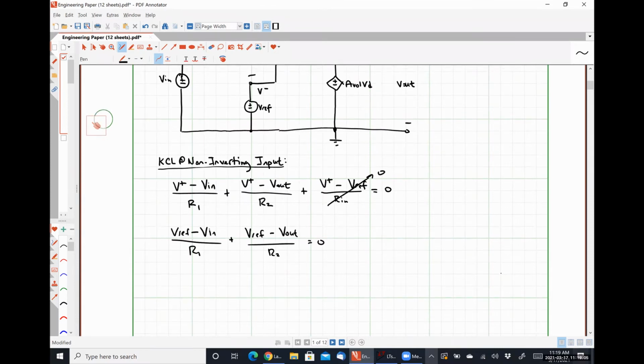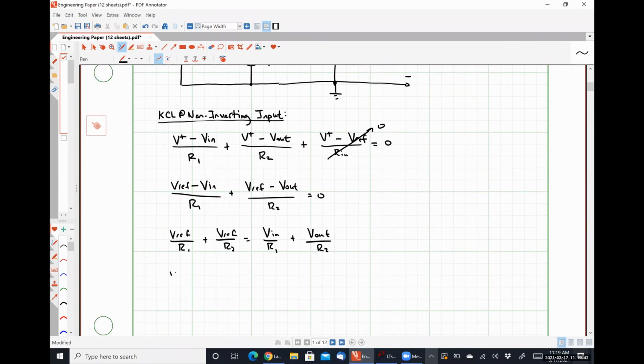So I could say that Vref over R1 plus Vref over R2 is equal to Vn over R1 plus Vout over R2.